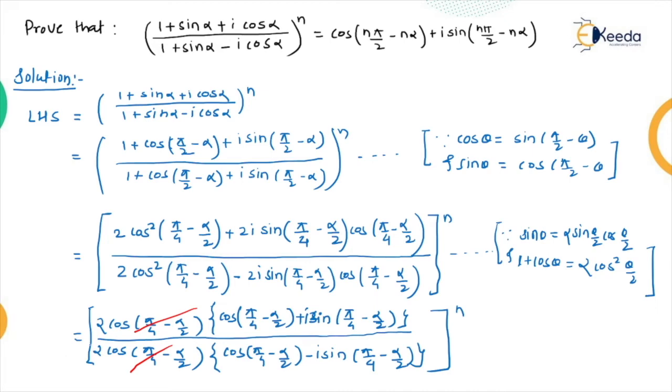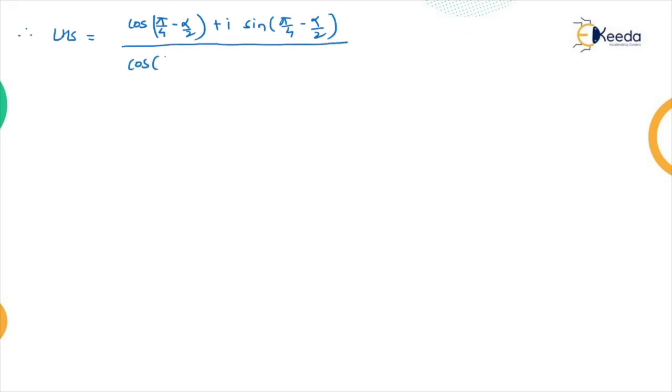Therefore LHS equals cos of (pi/4 minus alpha/2) plus i sine of (pi/4 minus alpha/2), divided by cos of (pi/4 minus alpha/2) minus i sine of (pi/4 minus alpha/2), and the bracket power is n. That is very easy.